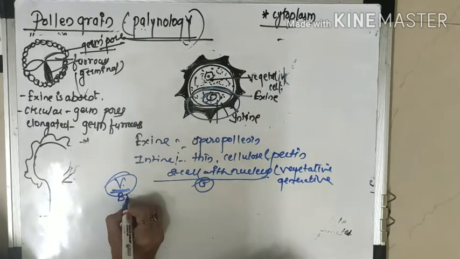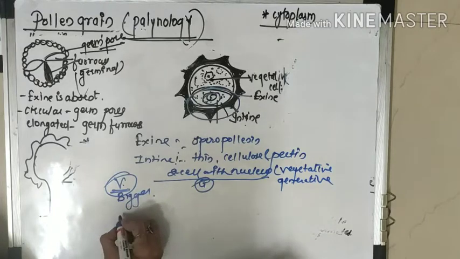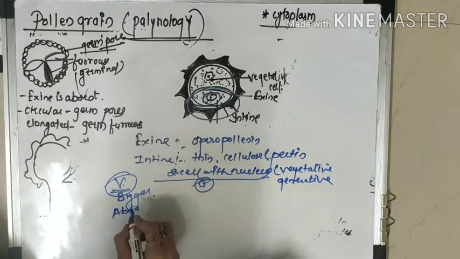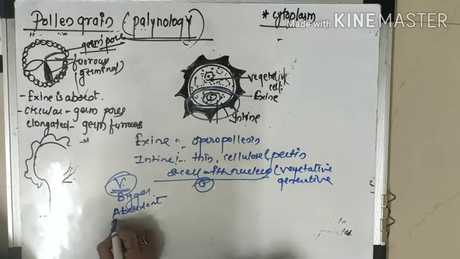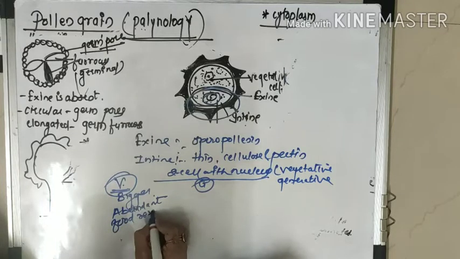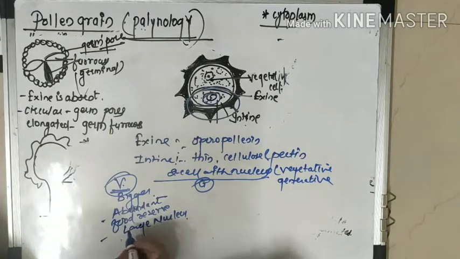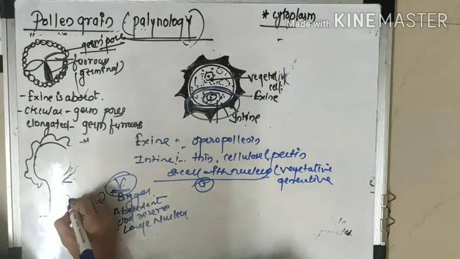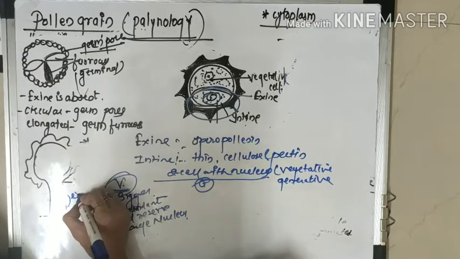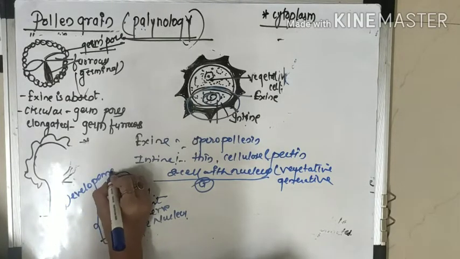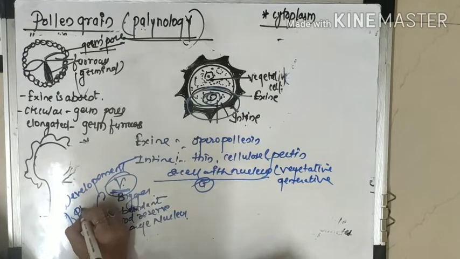The vegetative cell is bigger, it has abundant food reserve, and a large nucleus, and it's responsible for development of the pollen grain.